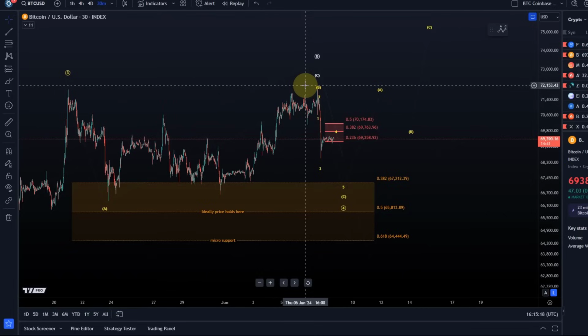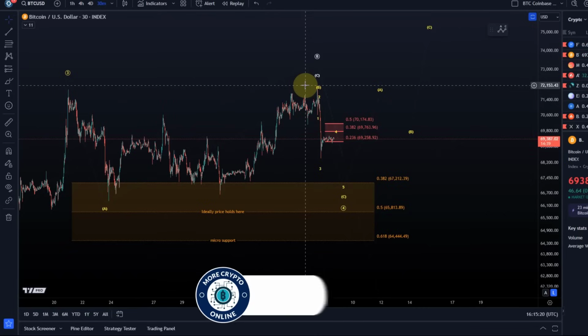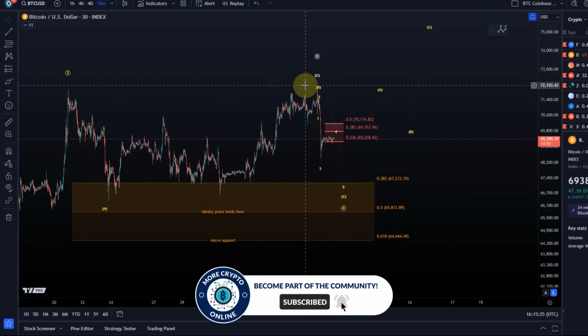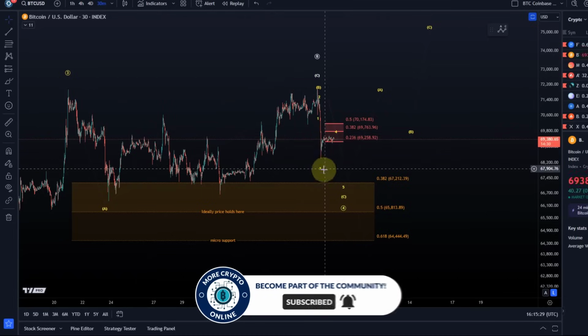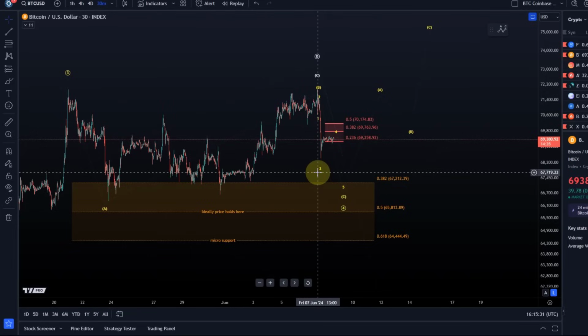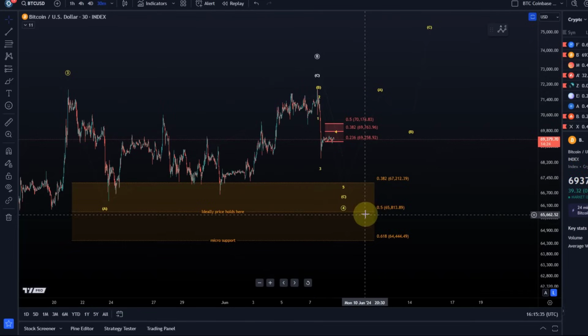And the C wave to the downside is basically now unfolding. Okay, and the C wave has 5 waves. It looks a little bit unfinished. That move up also doesn't convince me in terms of a low being in, but the idea is that this is still a wave 4 correction as long as the price holds above micro support.